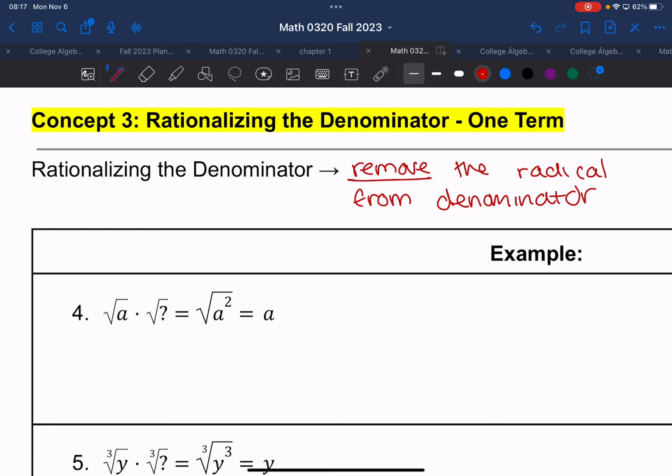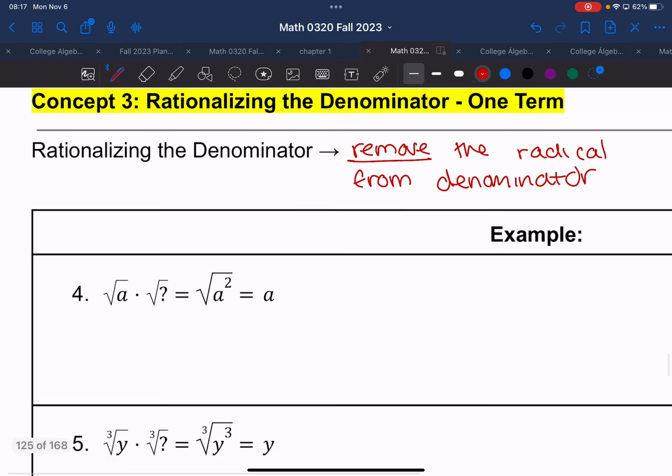So first, before we learn how to remove them, we're going to look at a couple concepts here, 4, 5, and 6, and we're going to see if you understand these properties.